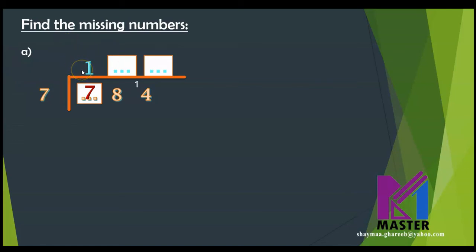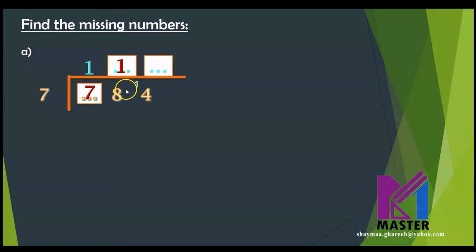Is this clear? Now I will move to the next digit. How can I get this one here? 8 divided by 7 means how many 7s are there in the 8? There is only one 7 and there will be remainder 1, which is this one here.